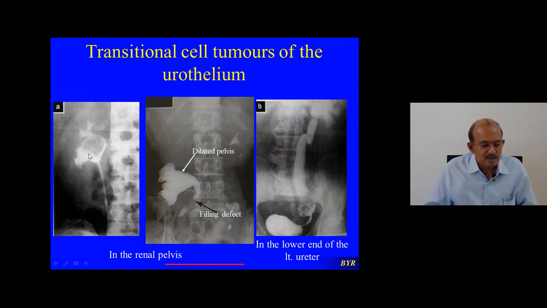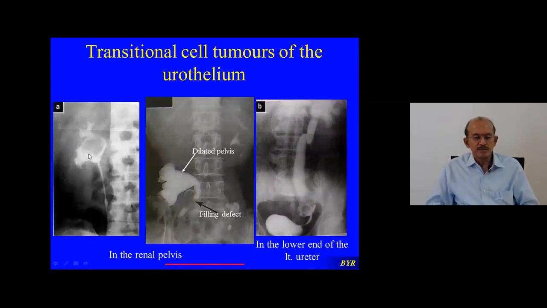Calculus means, yes, very good. Some are radiolucent. The radiolucent calculi will give a black shadow like this. Can you tell me what are the radiolucent calculi? We have seen different calculi. We have studied about those different calculi.